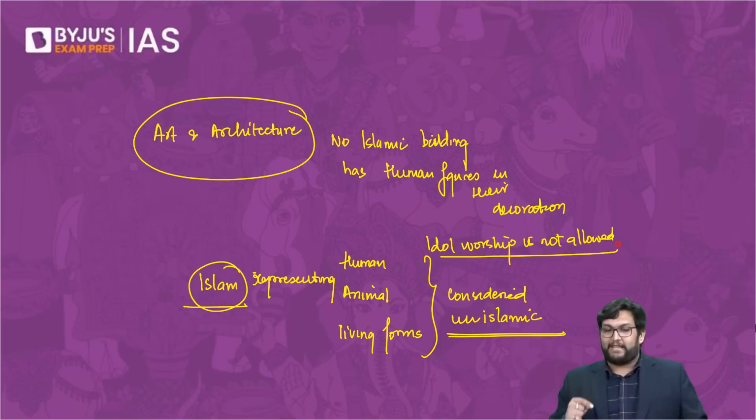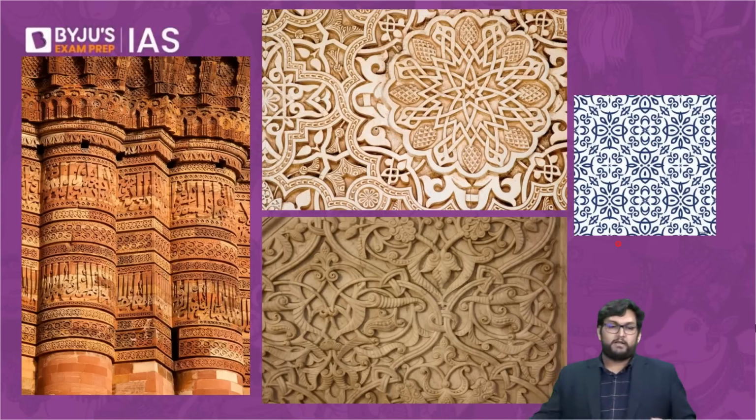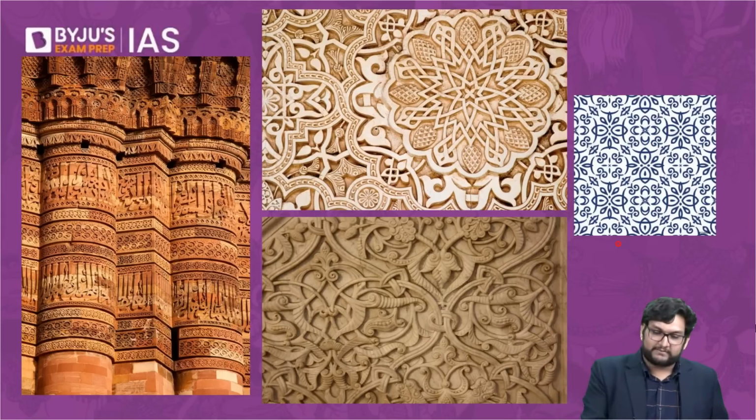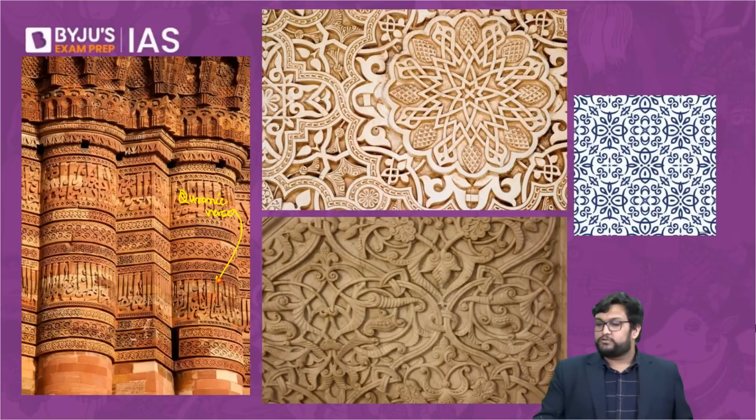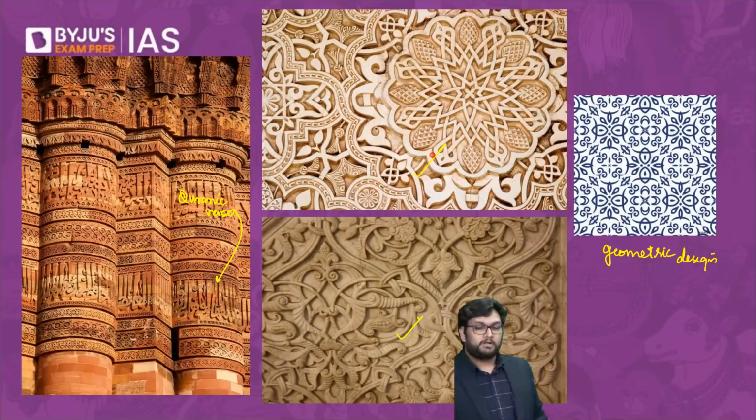And that is why arabesque develops as a confluence of using Quranic verses. You can see here, Quranic verses written in calligraphy, using geometric designs, but any design which was available in a temple was therefore available to the sultans.